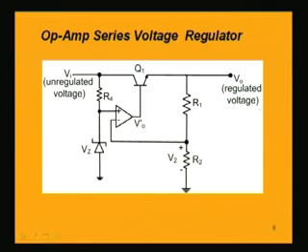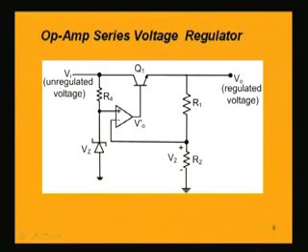We have an op-amp, operational amplifier, whose positive terminal is connected to the Zener diode having the Zener voltage Vz, and the other terminal, the negative or inverting input terminal, is connected here, and the circuit R1 and R2 is forming the sampling circuit.